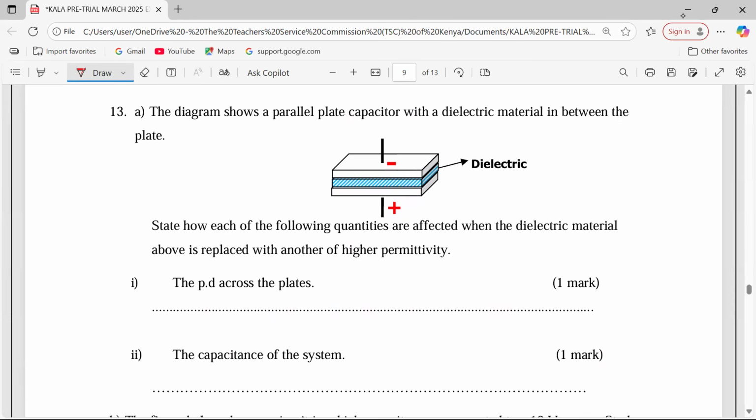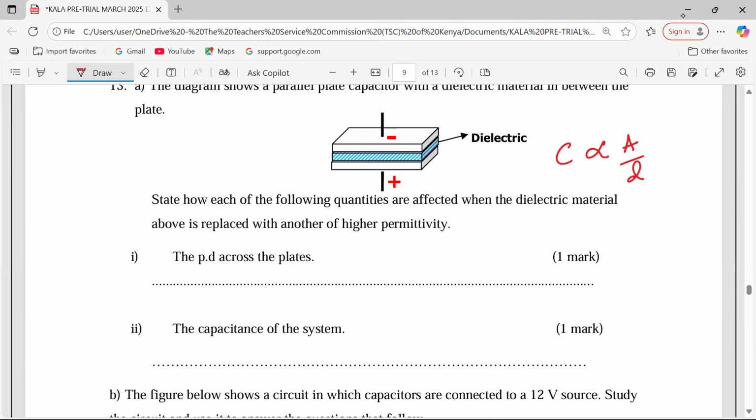Capacitance is directly proportional to area of overlap, but inversely proportional to the distance of separation. This relation can be substituted with an equal sign by introducing a constant, the permittivity of the dielectric material.